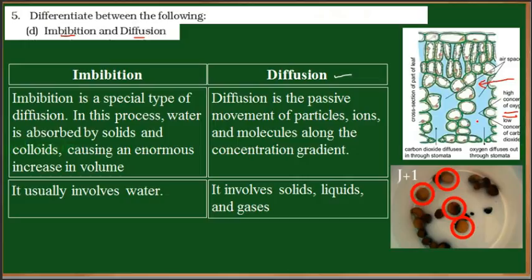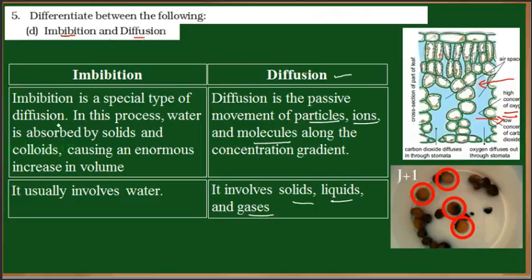And in the leaf, if carbon dioxide concentration is more, it diffuses outside. So for this, there is no requirement of particles, ions, molecules, anything. It can be solid, liquid or gas. They diffuse from the higher region to lower region. So this is about diffusion.